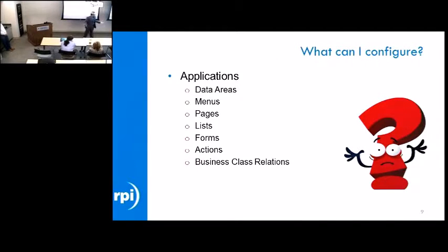So what can I configure? Actually, when you talk about applications, you're talking about data areas. Data areas are like the overarching level of the system. You create business subjects, they're called, and those business subjects give you access to action requests.